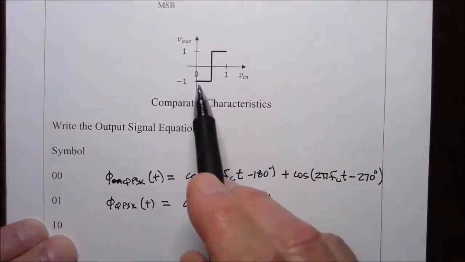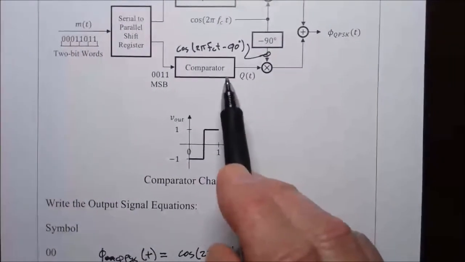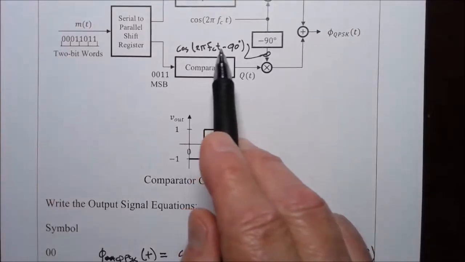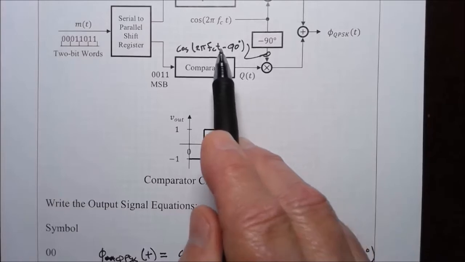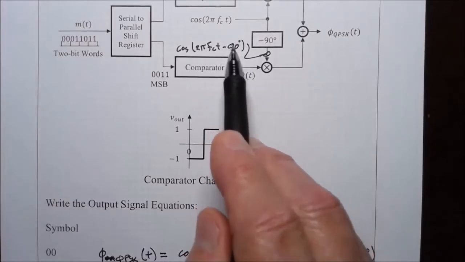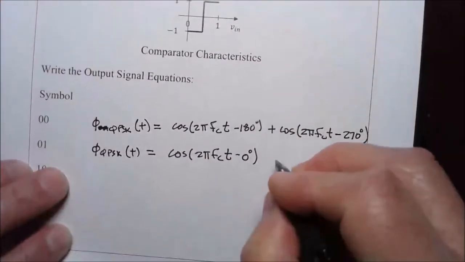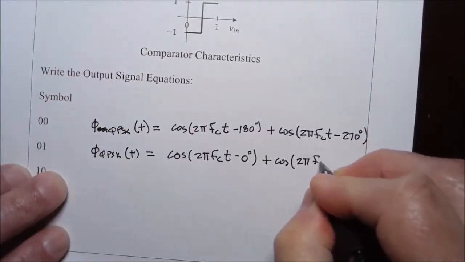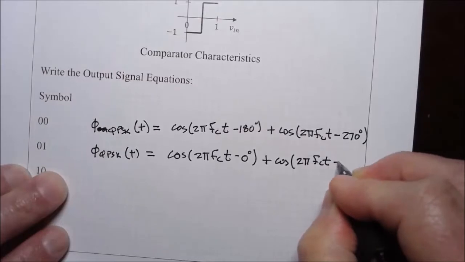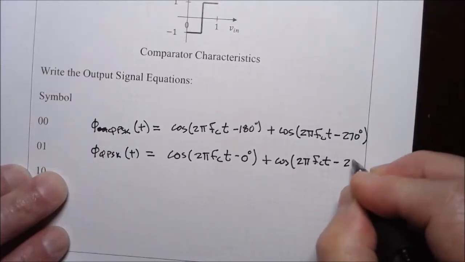More significant bit is a 0, so that maps to minus 1. So we have minus 1 times cosine 2 pi FCT minus 90. Again, let's incorporate the minus sign as an additional 180 degree phase shift. So this would be plus cosine 2 pi FCT minus 270.